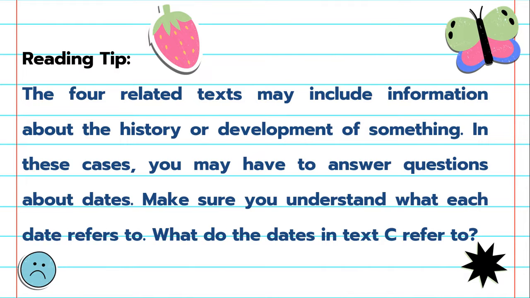When you see a lot of years or dates mentioned in the text, make sure you understand what each date refers to. Make sure you understand what each date refers to, which event.